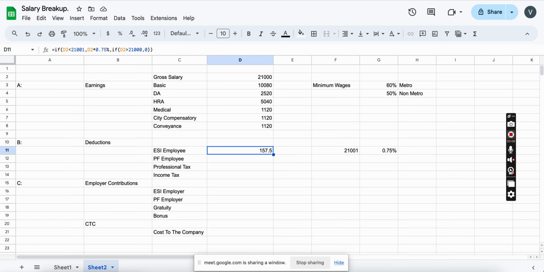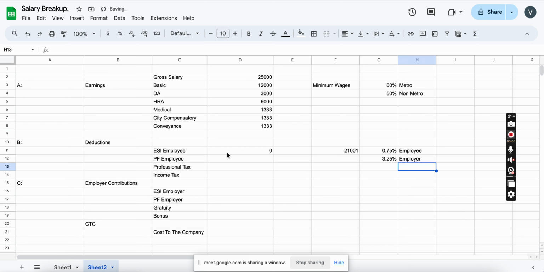Then say again if we make it 25,000, it became 0 because ESI is not applicable. For employee it is 0.75 and for employer it is 3.25%. Altogether it should be 4%.